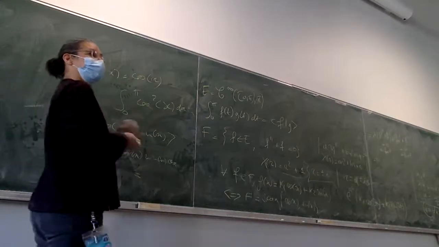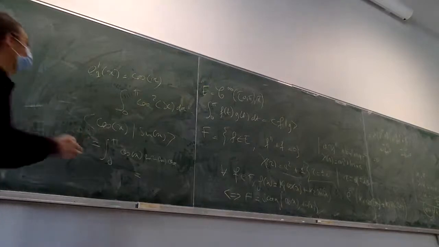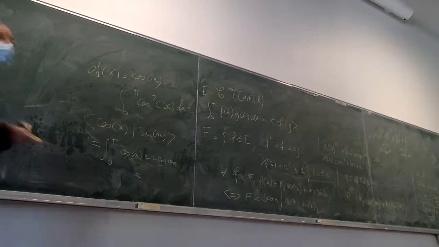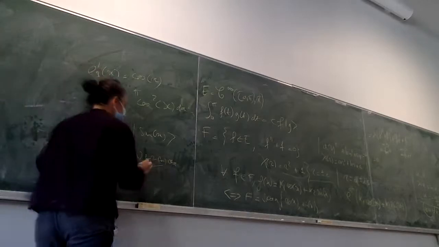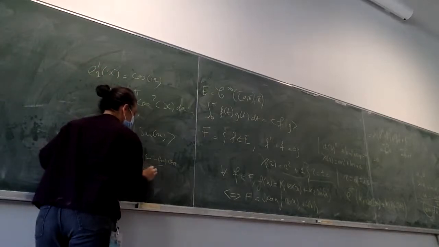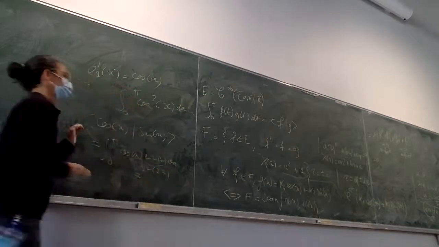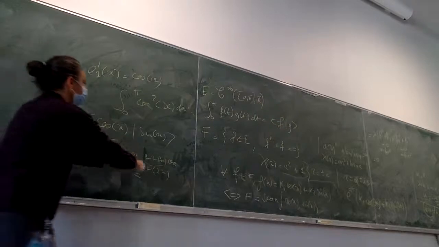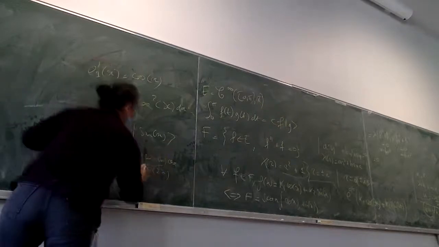There are many ways you can see that. Or you can just say that it's sine of 2x. Well, it's 1/2 sine of 2x. Or you can make u prime times u, whichever you want.